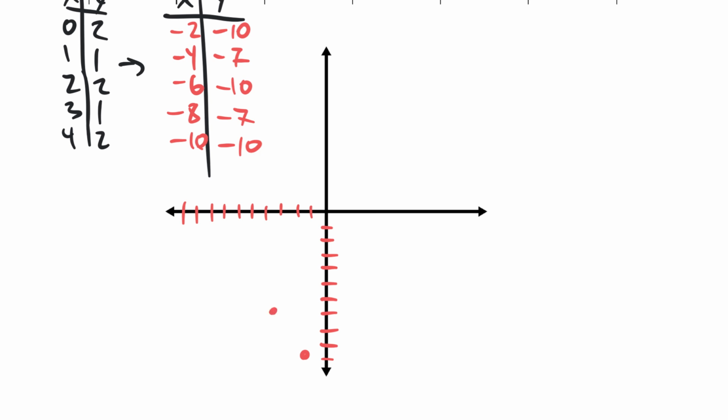Negative 6 and negative 10. Negative 8 and negative 7. And negative 10, negative 10. Now, because there were initial arrows, we would want to extend the graph like this. And there's our nice transformed graph.